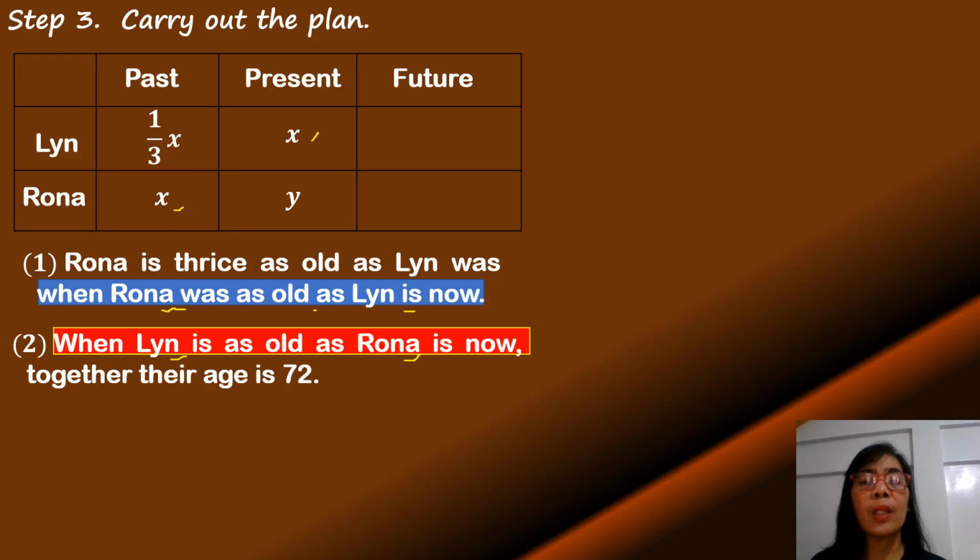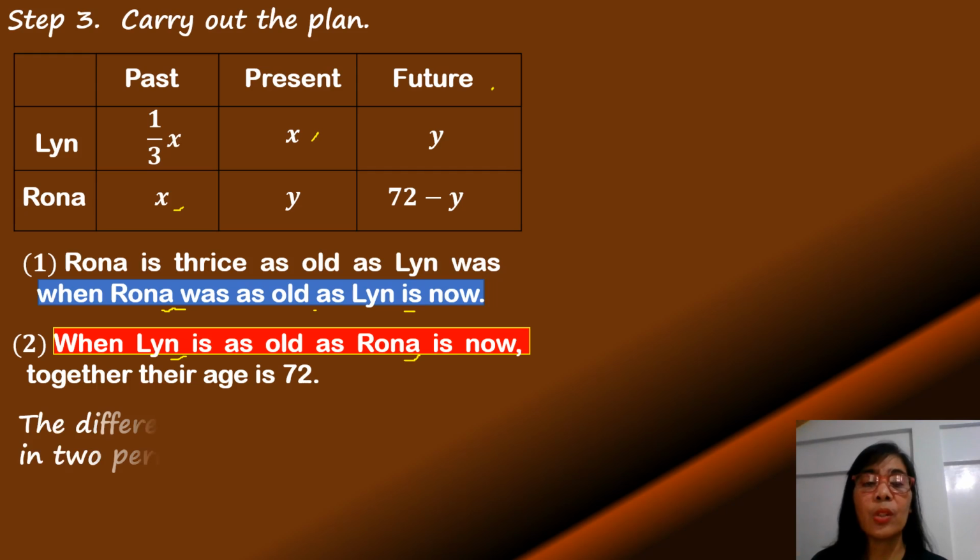When the time comes that Lynn will be y years old, in this particular period, the sum of their ages is 72. Therefore, if in the future Lynn will become y years old, Rona will be 72 minus y. So having completed all the entries in our table of ages, we are now ready to construct the equations.